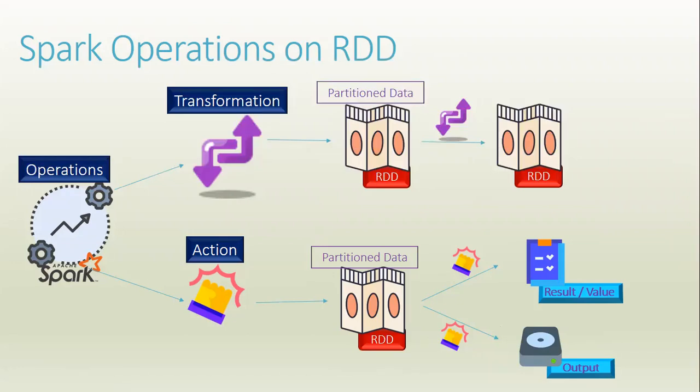So these are the two types of operations available on RDD: transformations and actions. As we move ahead, we will look at various transformations and various actions that could be performed on a given RDD. Once again, RDD is nothing but a basic data abstraction in Apache Spark. We could see that as a data structure in Apache Spark.